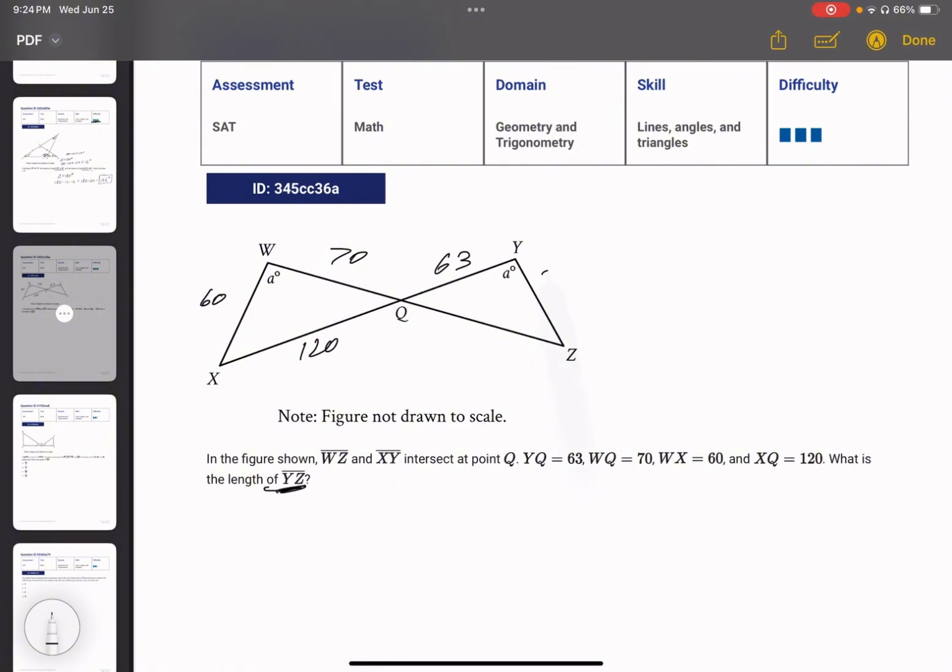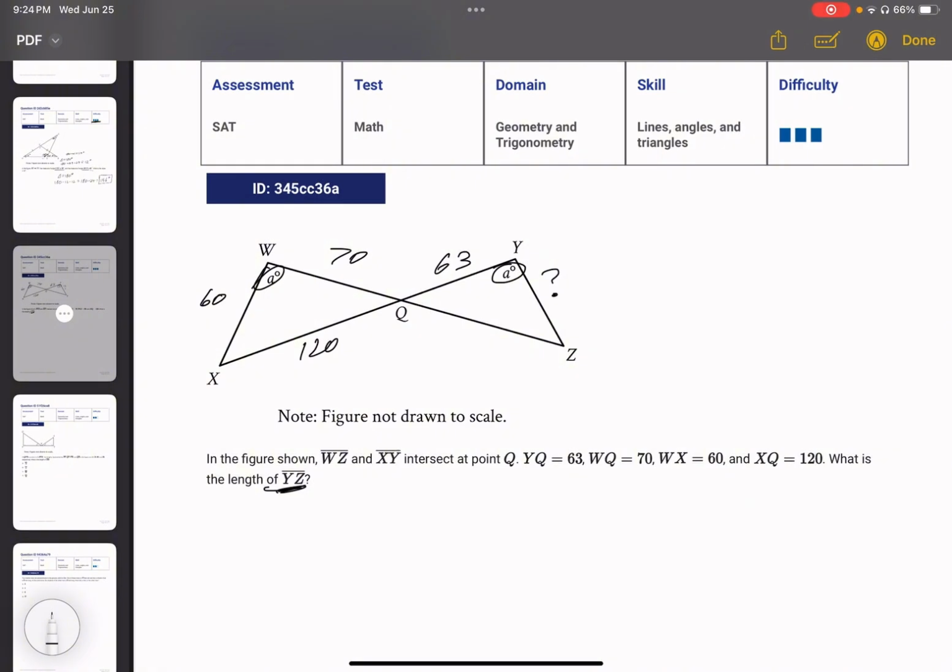Okay, YZ, what is that? Well, we're gonna find out. So since these angles are the same over here and here, we are given, not directly but indirectly, that they are similar triangles because they need to have proportionate lengths in order to form the same angle. So therefore, we know that we can start a ratio here.